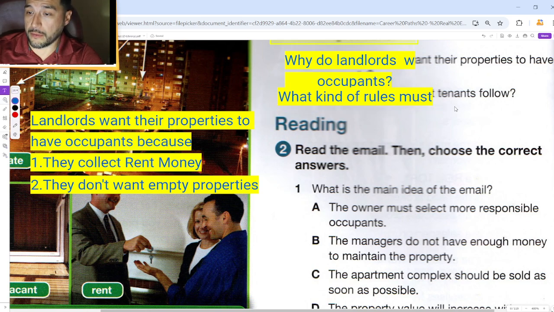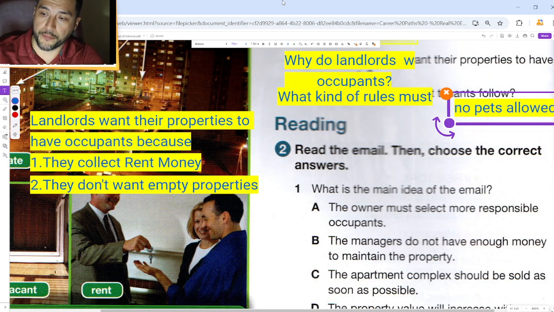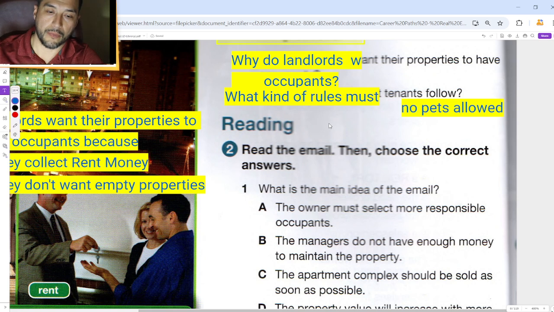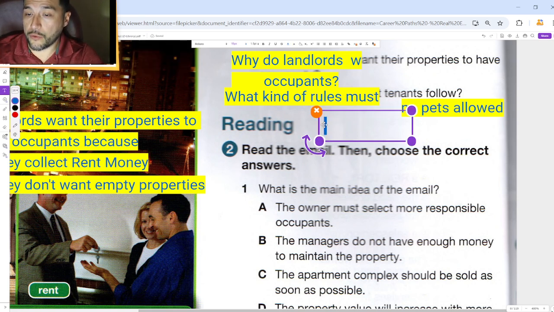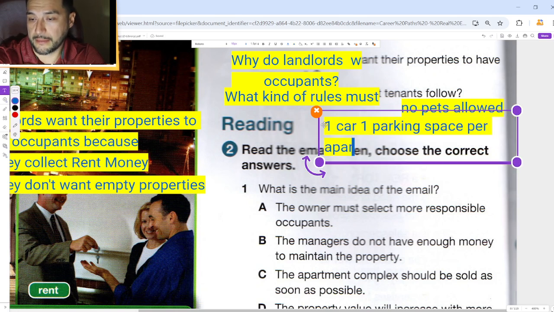where I rent, they have a rule. No pets allowed. No animals allowed. Another rule is only one car or one parking space per apartment.